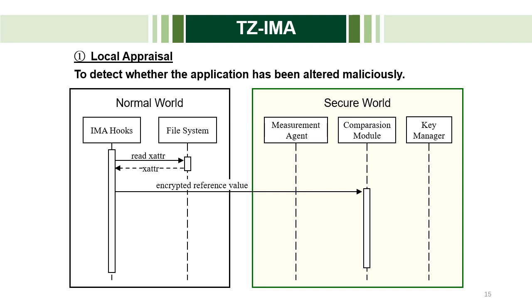To enhance its security, the appraisal key is saved in TrustZone, and a comparison model is constructed in the secure world. Thus, during the whole lifetime of TZ-IMA, the appraisal key is isolated from the rich execution environment and will never be exposed to the normal world.